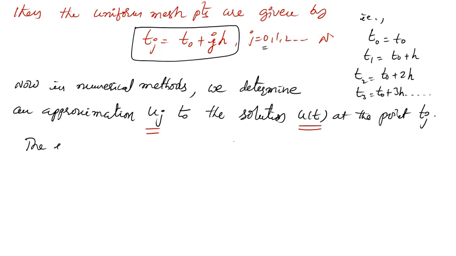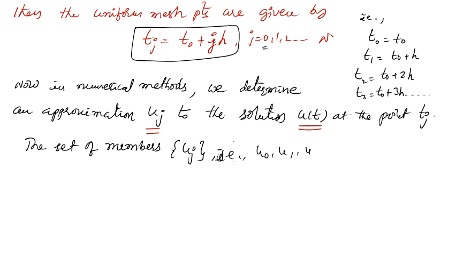Then the set of numbers, what are those? Uj, that is u0, u1, u2 and so on, un.